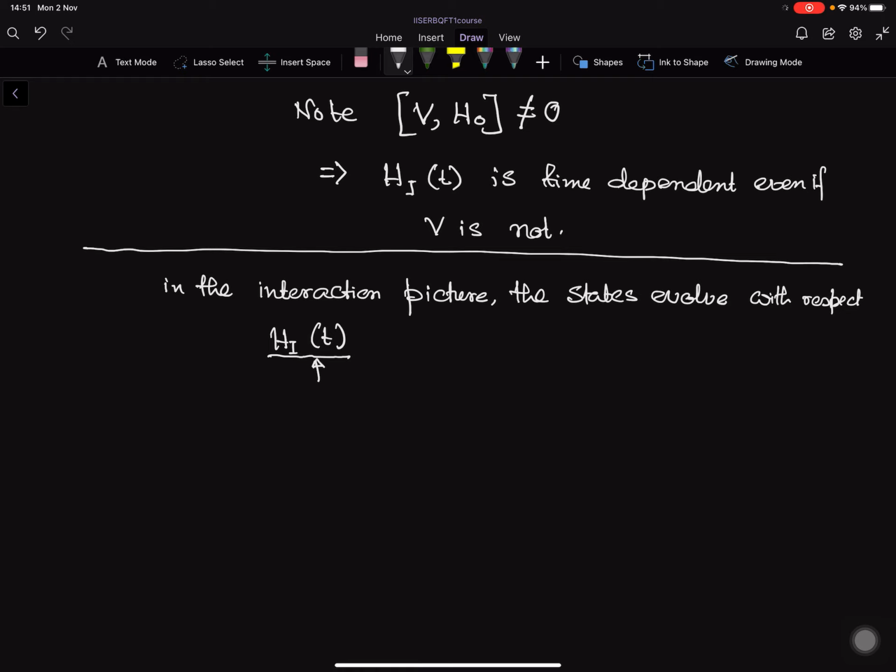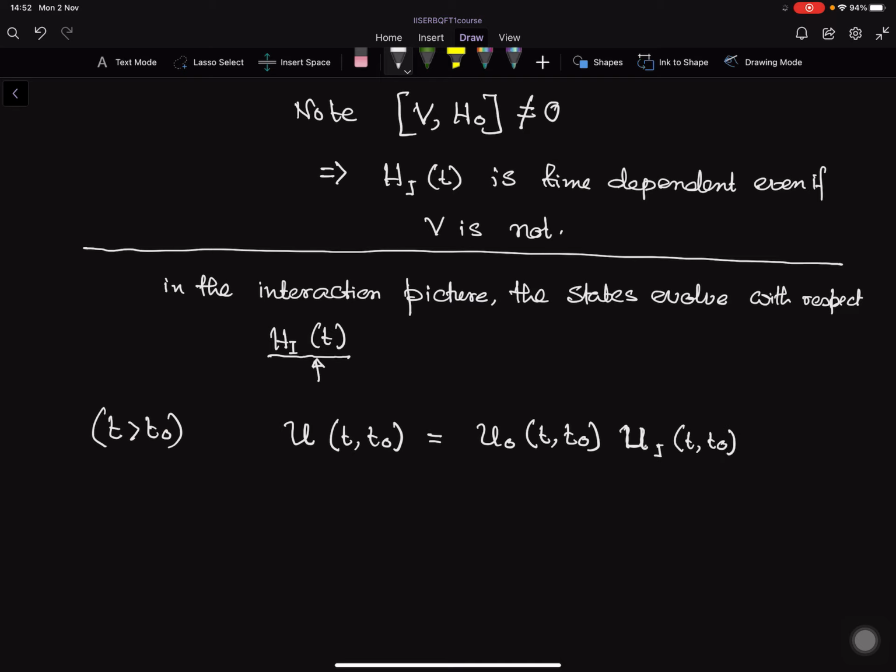Okay, so in order to do that, we first define this. So for t greater than t0, let's try to compute the difference of u(t, t0), which is the full evolution operator, and the free evolution operator u0(t, t0), and let's call that ui(t, t0).